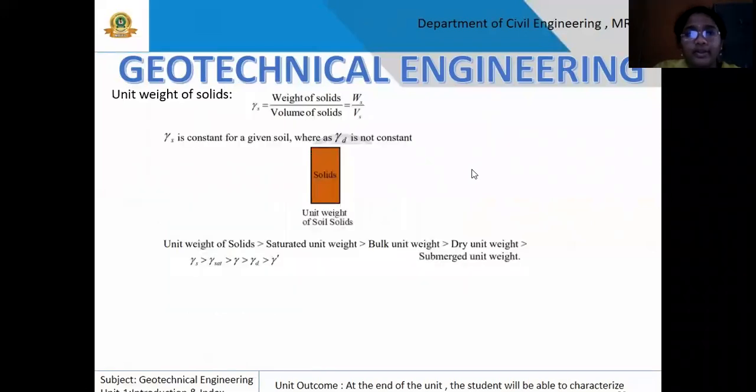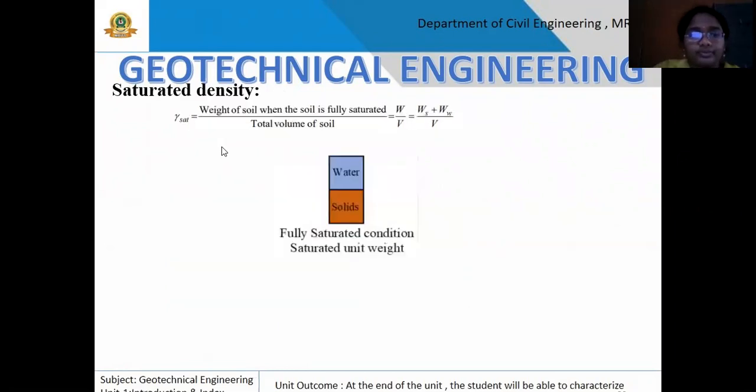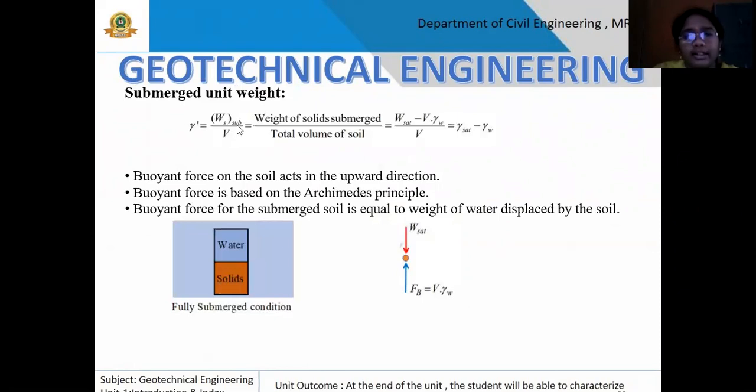Next, submerged unit weight. It is called gamma dash. It is equal to weight of the solids in submerged state divided by total volume. So gamma dash is always equal to gamma sat minus gamma w. Remember this formula well, because whenever we are supposed to find out submerged unit weight, we will find out saturated unit weight and subtract unit weight of water from that.